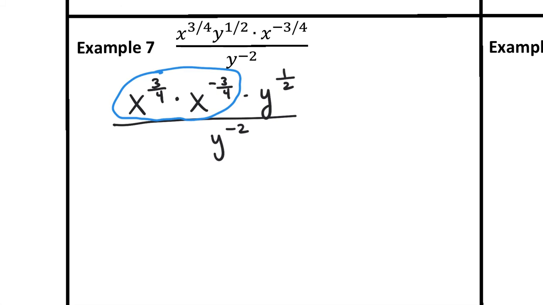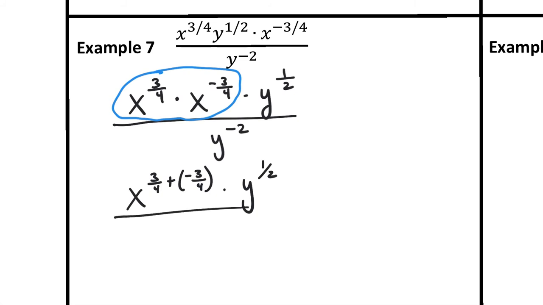So if they're multiplying, their exponents are going to add. So I'm going to end up with x to the power of 3/4 plus negative 3/4 times y to the 1/2 divided by y to the negative 2.